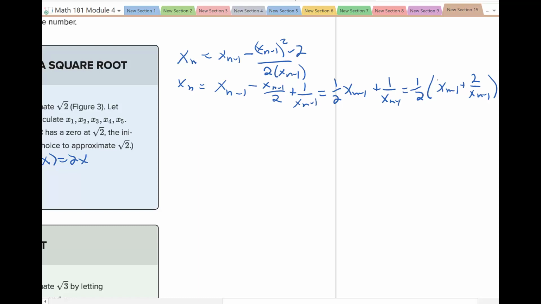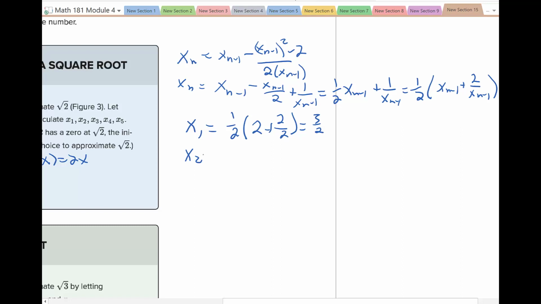I needed that 2 because I factored out a 1/2, so 1/2 and the 2 cancel. Okay, so if we use that formula, our x1 is going to look like 1/2 times 2 plus 2 over 2, which gives us 3/2.